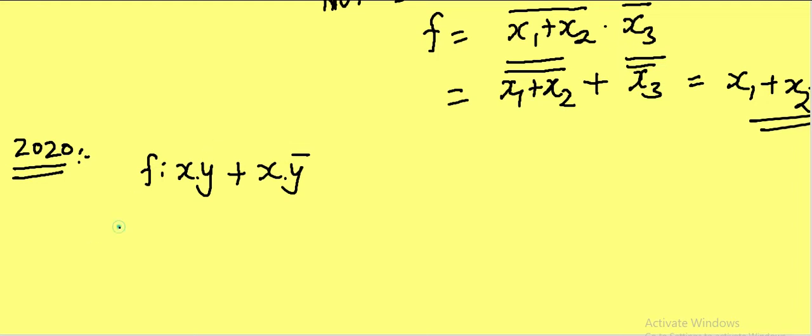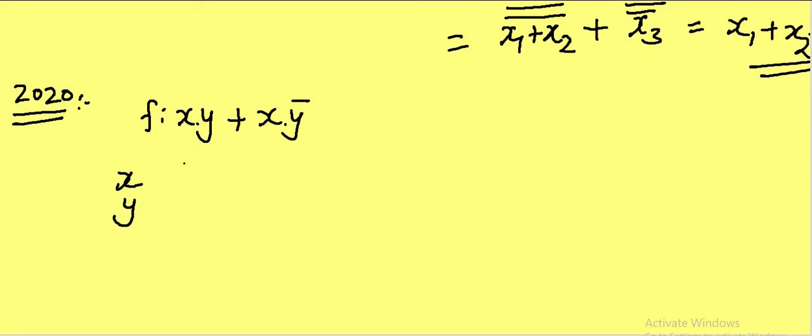So we can write xy, right? These are for the AND gate, so draw an AND gate. Then these two are connected with the AND gate again.